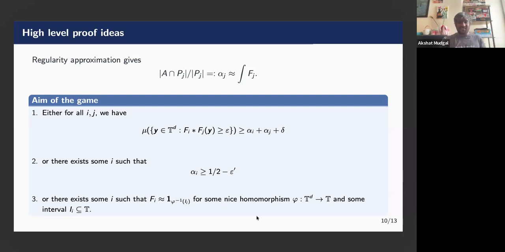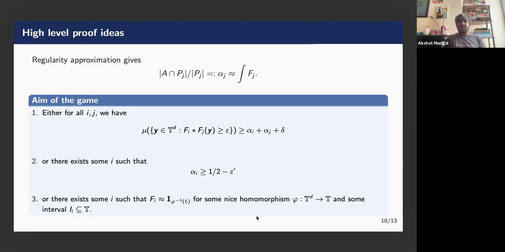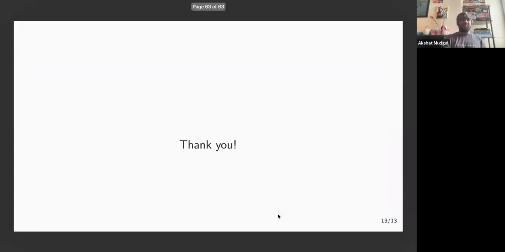Part 3 is just ridiculously technical and annoying. Most of the novelty of our paper is essentially contained in analyzing this. So we require ideas from convex geometry, geometry of numbers, and properties of pseudo-random functions on the torus and in 1 up to n to basically deal with this. I had some extra slides, but I'm going to skip them. Thank you so much for listening.